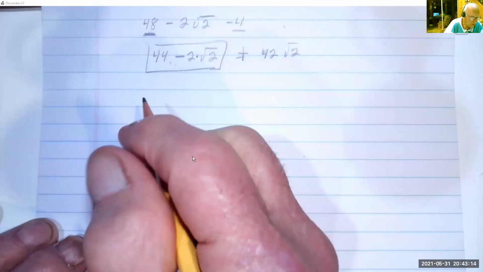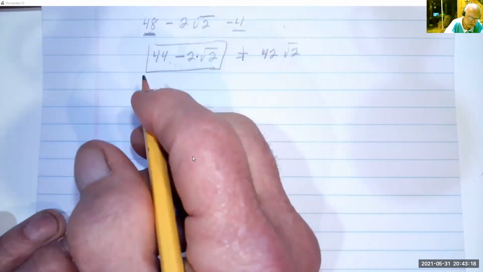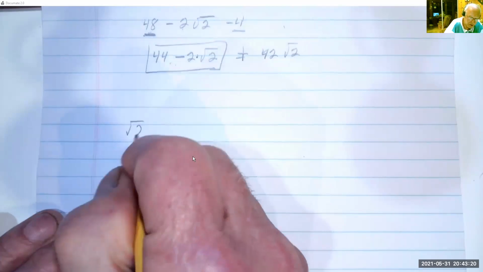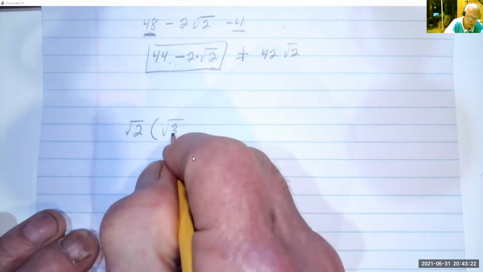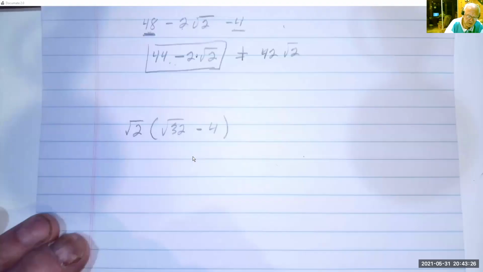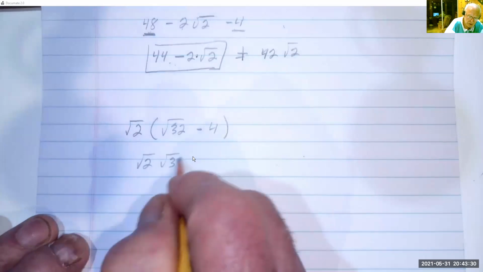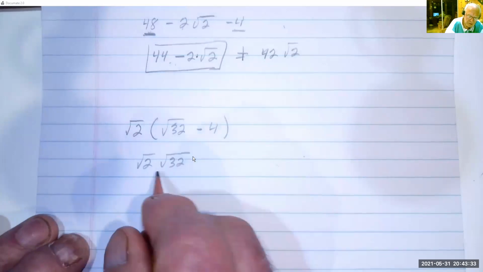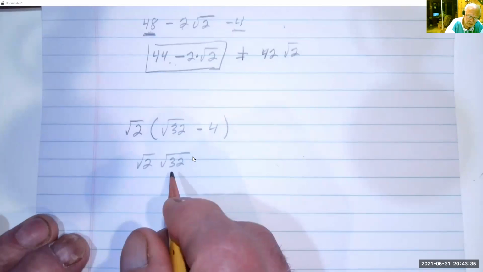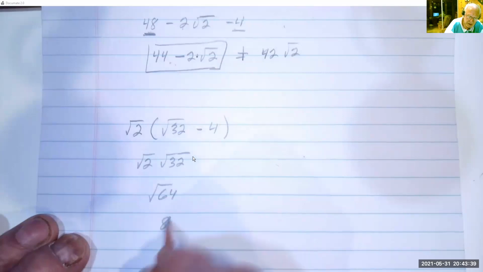Let's take another problem where we're distributing, but it's a little easier problem. It's the square root of 2 monomial times the square root of 32 minus 4. So let's distribute: square root of 2 times the square root of 32, which we can multiply the radicals together and say square root of 64, which of course is just 8.